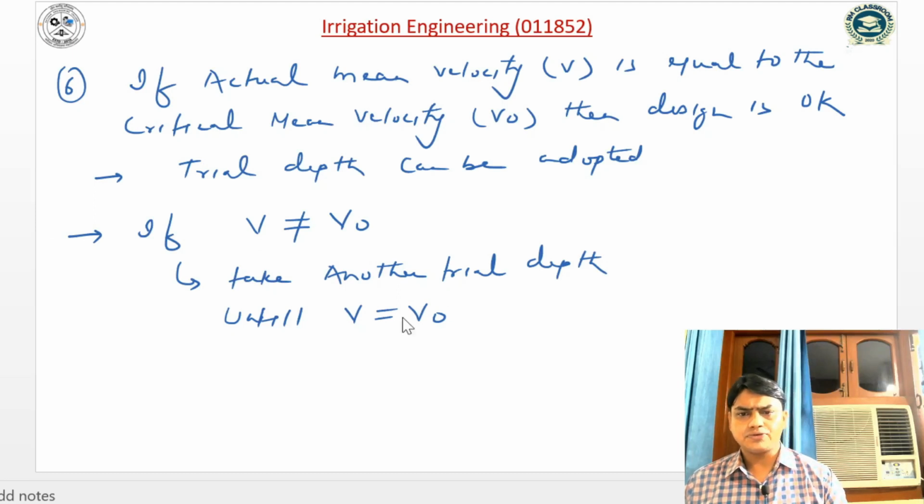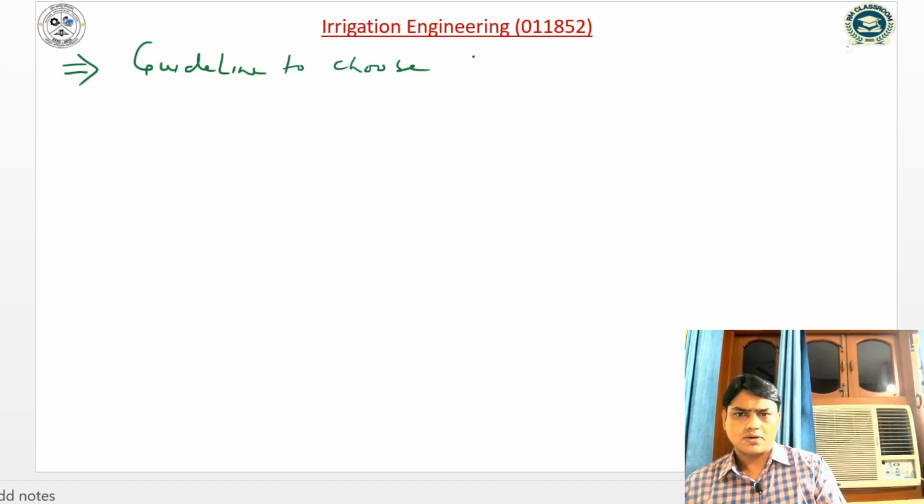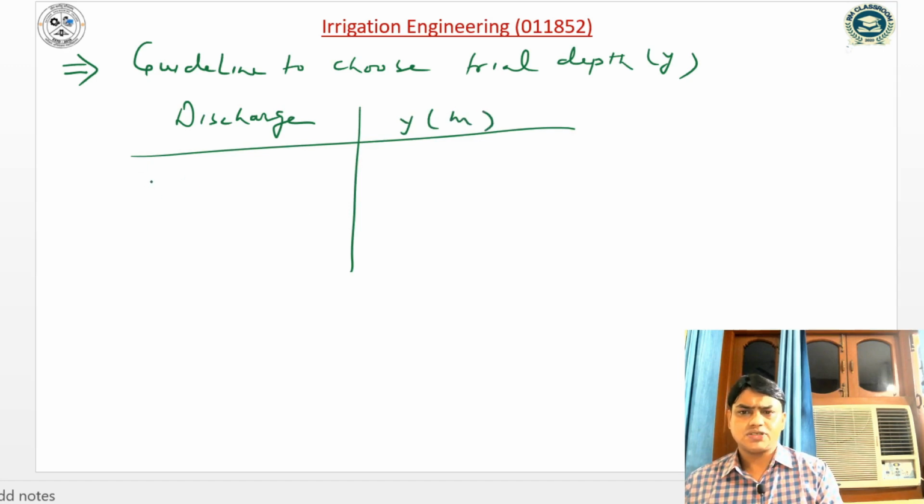So there is a guideline to choose trial depth, and that depends on the discharge. If discharge is 0 to 20 meter cube per second, we can take trial depth y as 1 meter.